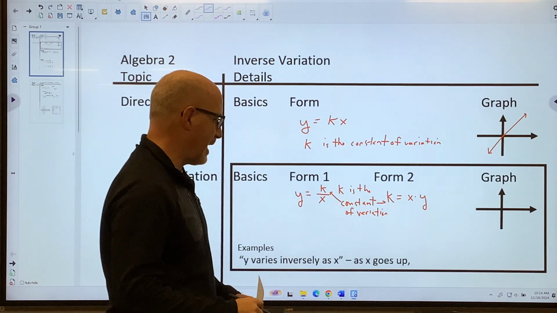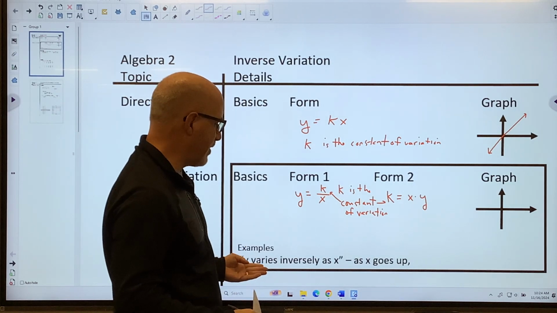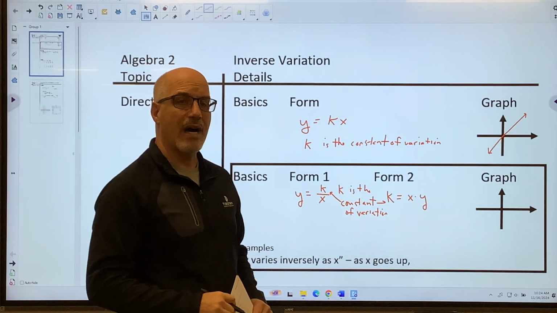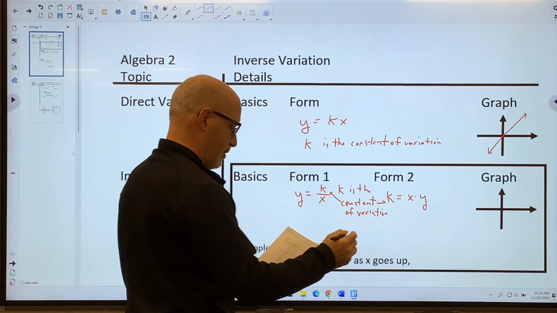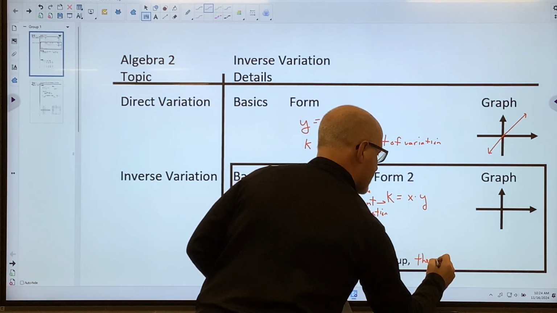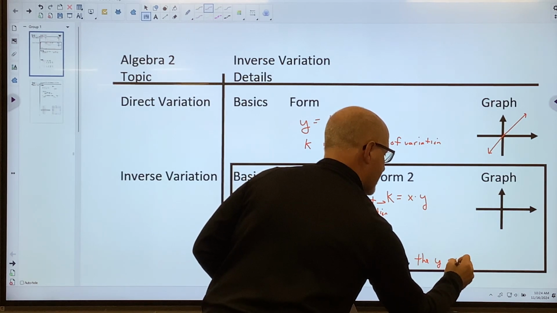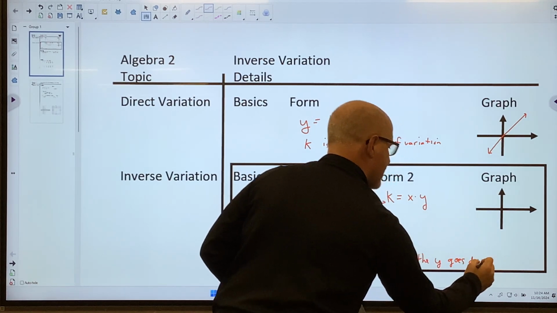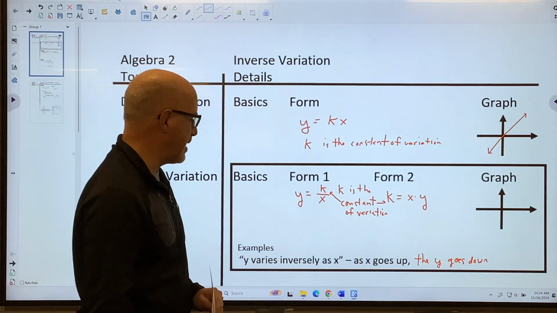But in this case, as y varies inversely as x goes up, the y is going to go down. That's what it means by going inversely, as long as we're dealing with a positive constant of variation.